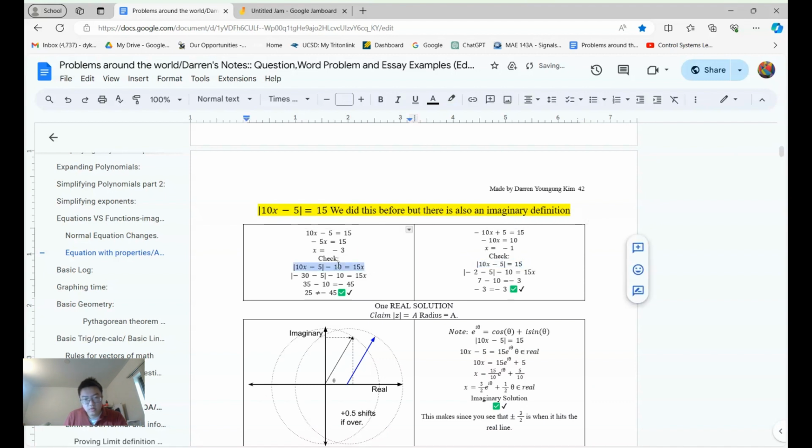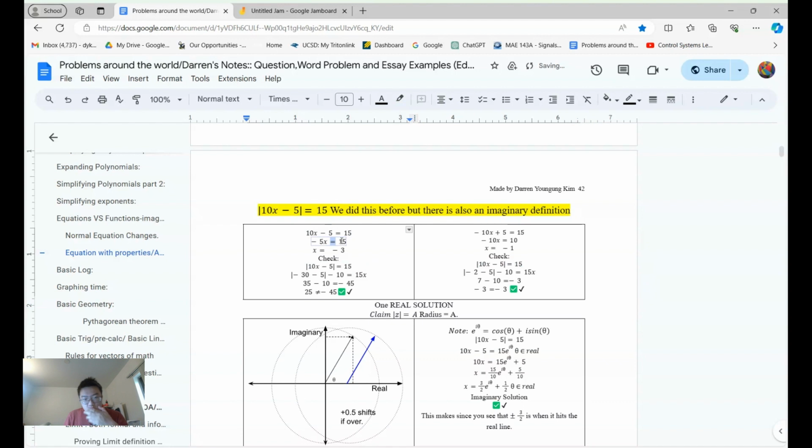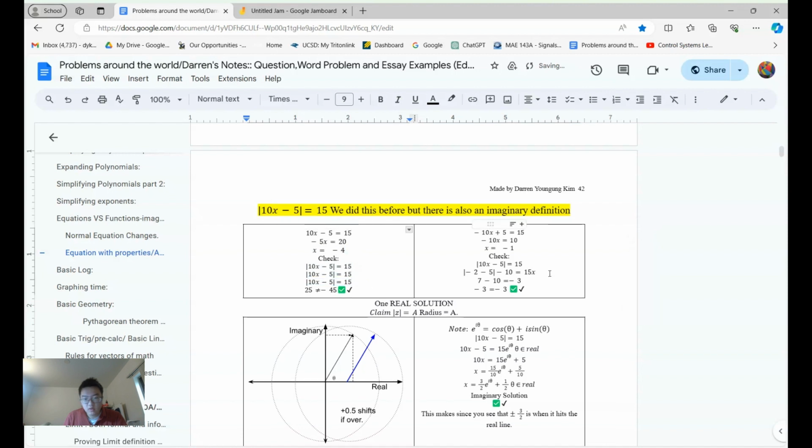This over here too. Then this is somehow still correct. No, this is 20 over here. And then this is negative 4. Negative 4. Okay, so let me just change this to this. Then we can easily fix the whole thing.